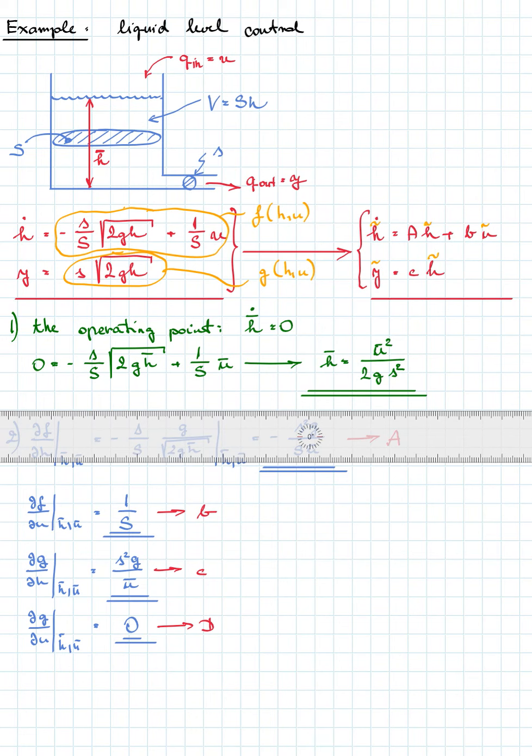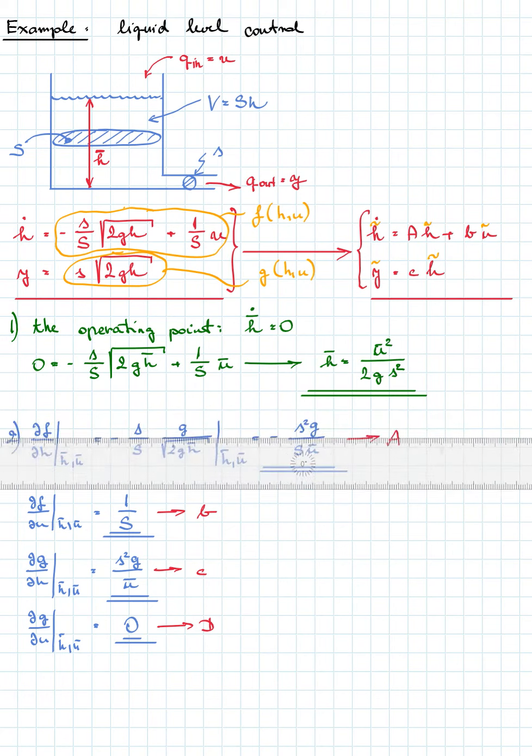So if I write the first equation h dot equal to f(h, u) equal to 0, then we are going to get a direct correspondence between h bar and u bar. This is what I mentioned here.